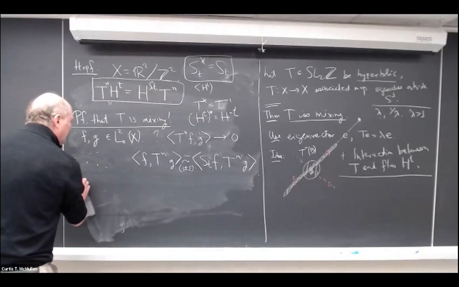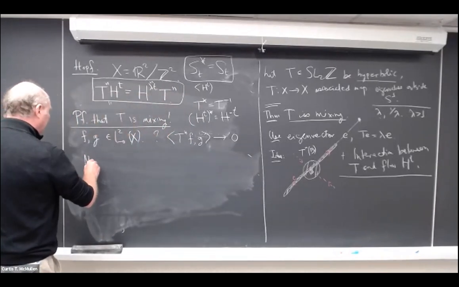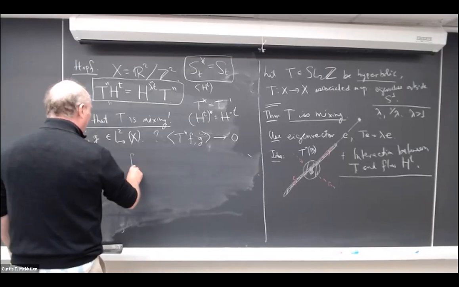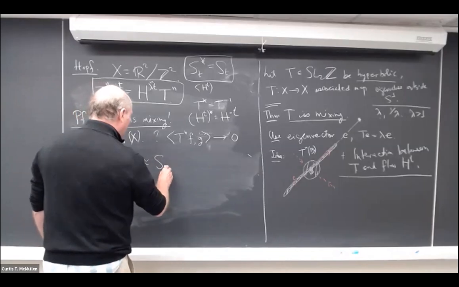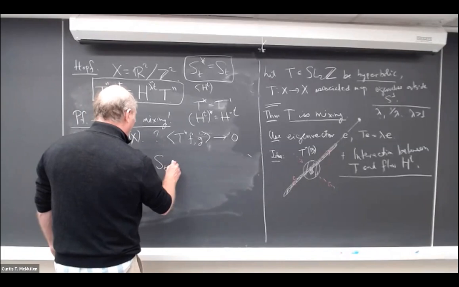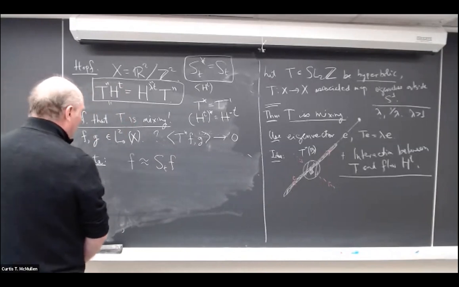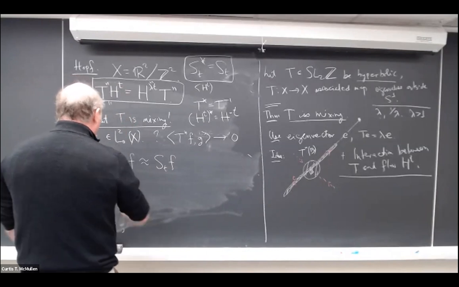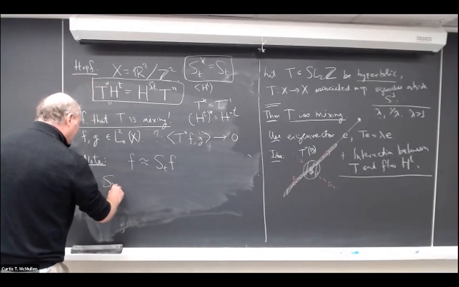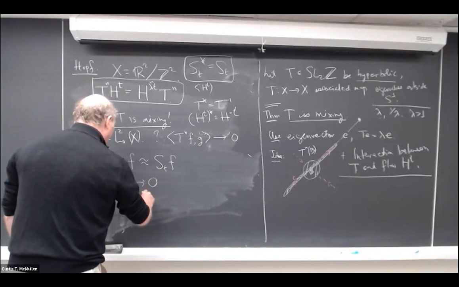Okay, let me say what it is I want to use, and then we'll give the proof. Okay, so what we note is that f is approximately equal to S_t f, and that S lambda to the n t f tends to 0 in L2.